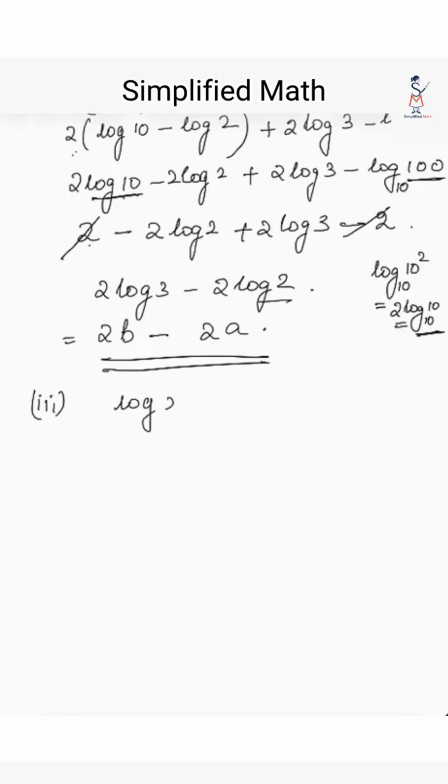The third one is log 2 1 by 4, right? So this can be written as 4 2s are 8, mixed fraction. We will convert it to a normal fraction. 4 2s are 8 and 1 is 9. Log 9 by 4. Fine. So 9 by 4 can be written as log 3 square by 2 square. Okay.